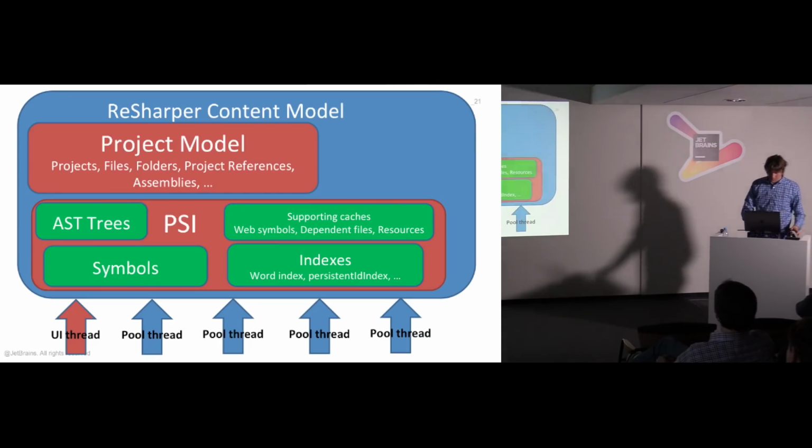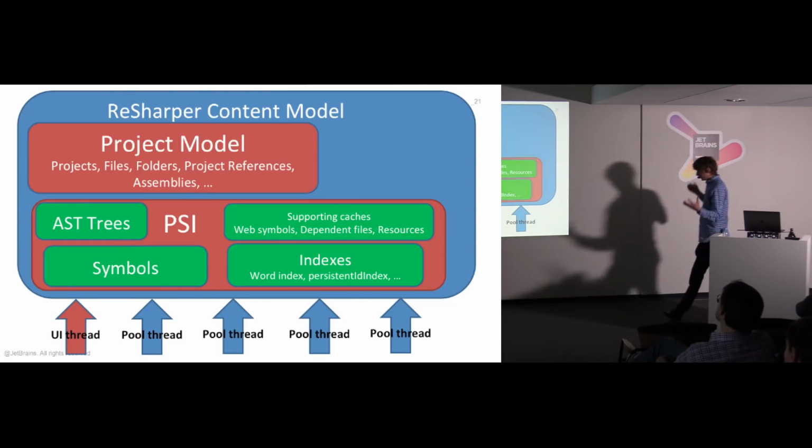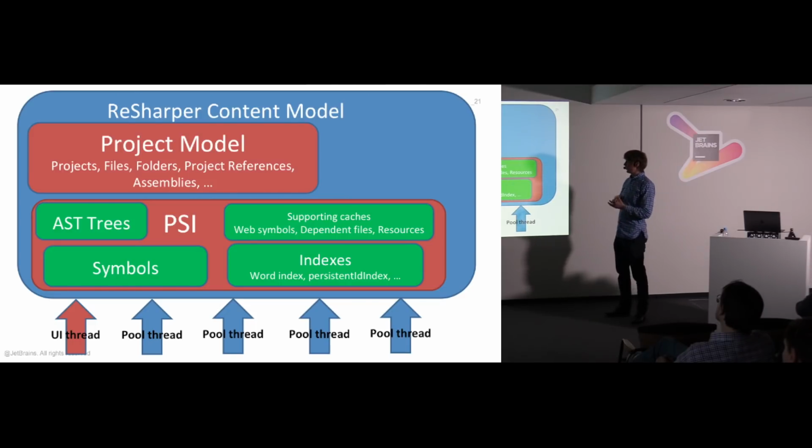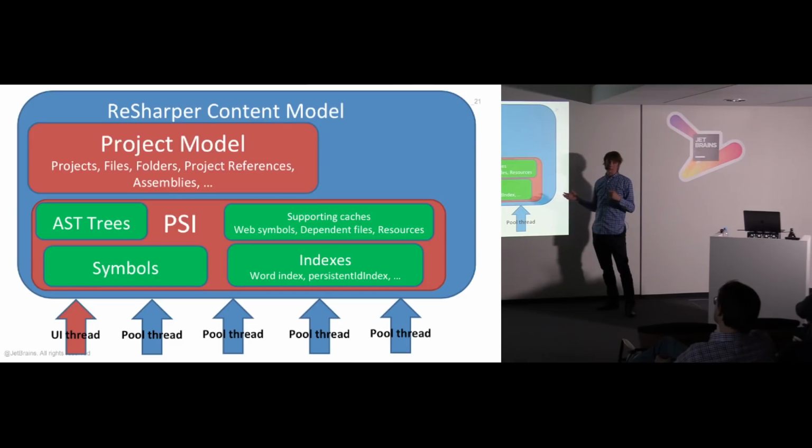ReSharper's content model is something all the features operate with. For example, we have, as I said, thousands of features: find usages, code completion, navigate, refactoring, all this stuff. And these features can be triggered and they can perform on a pool thread, right? Not to make the UI thread so busy.